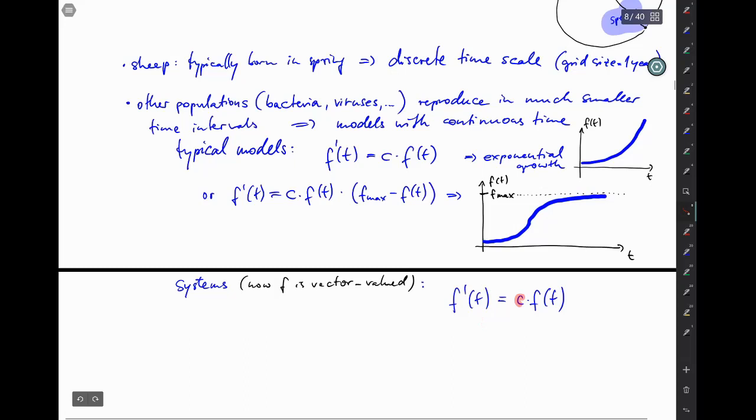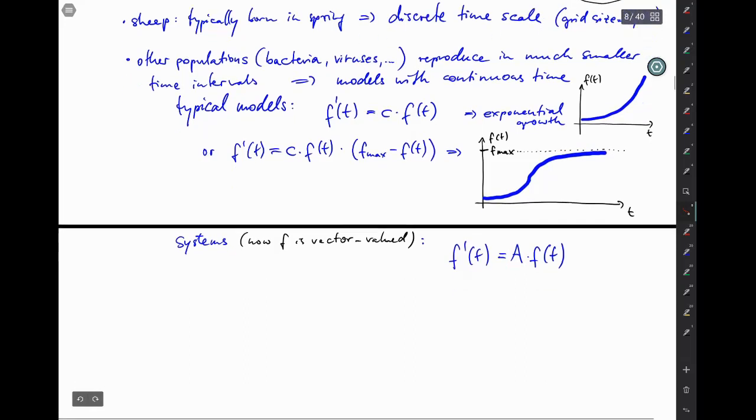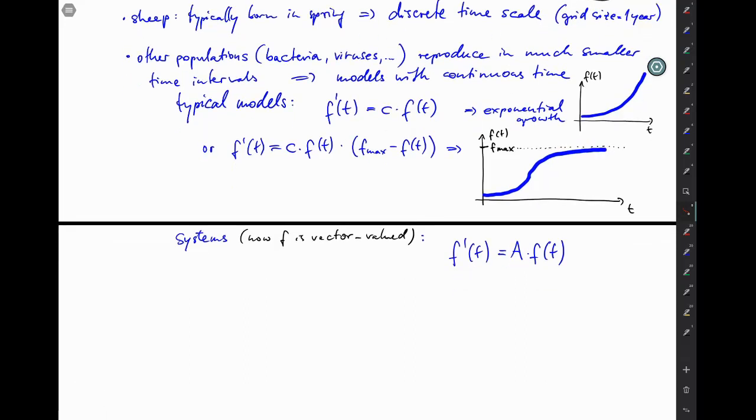Let's call it A. And of course, all the information about your foxes and rabbits and dogs and wolves is inside that matrix A. Who eats whom and why and how often. And then very similar to the solution of this differential equation here, we can explicitly write down the solution of that differential equation here also by an exponential function.